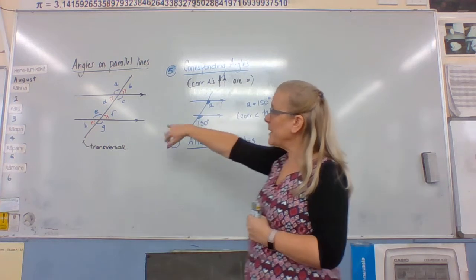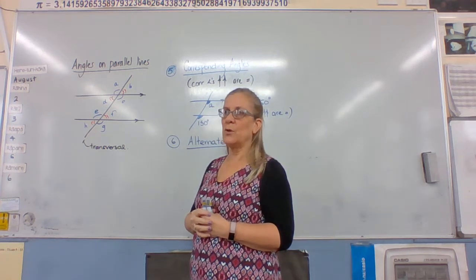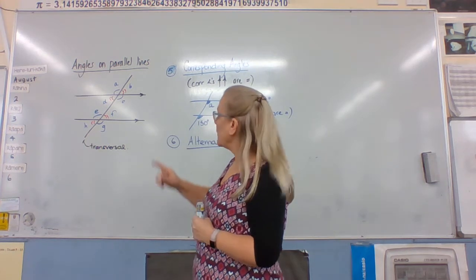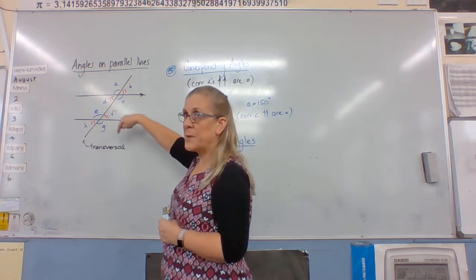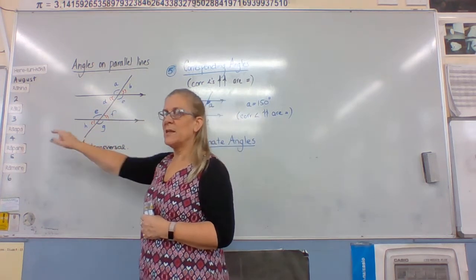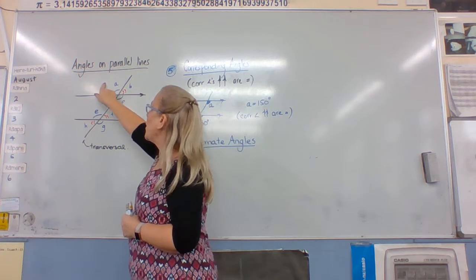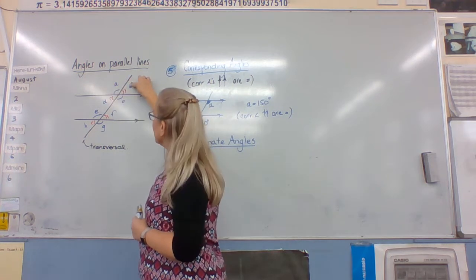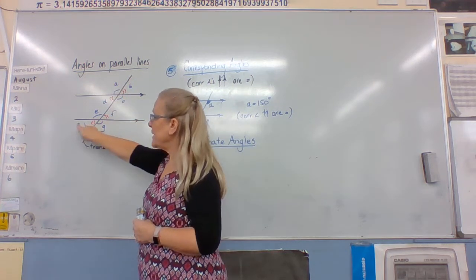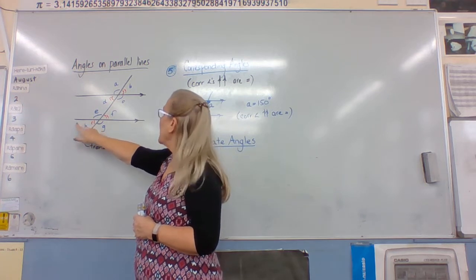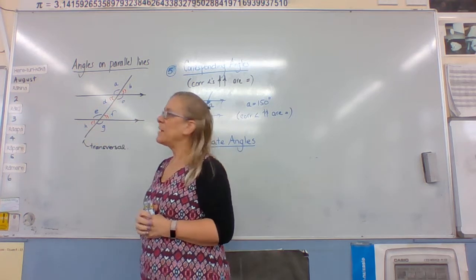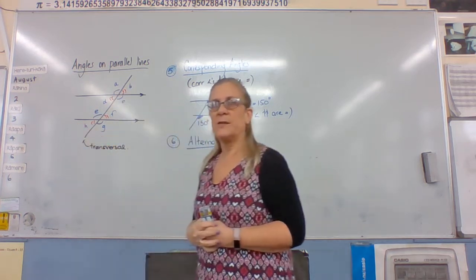In our picture up here, the alternate angles are the ones that are in the other picture, but on the other side. So yes, no, but we want to go yes, no, yes. So B and D, B and H are alternate.